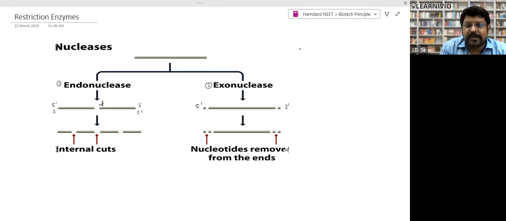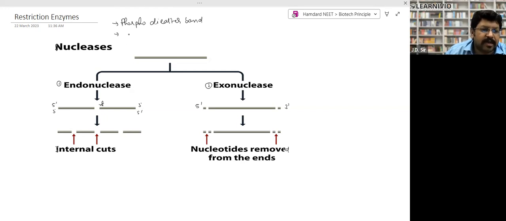Restriction endonucleases, please note it down: they break down the phosphodiester bond, and that's how they cut the DNA backbone, right?